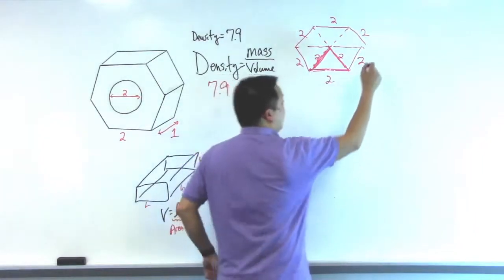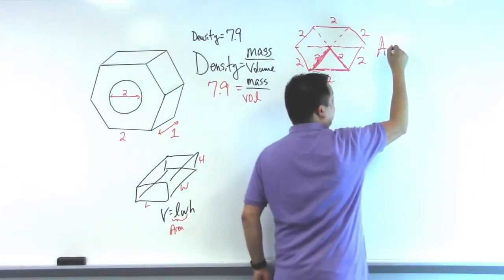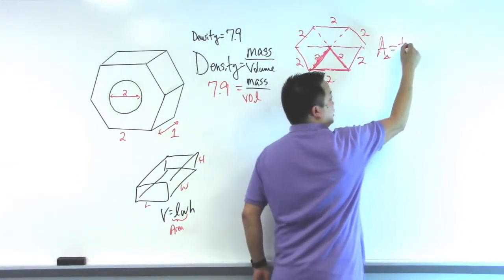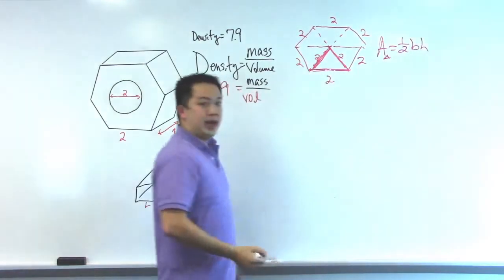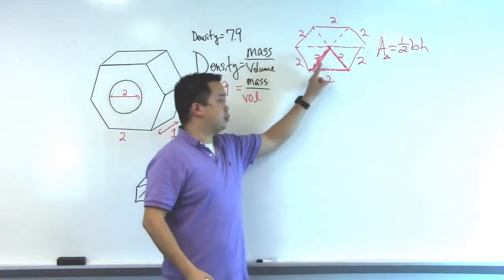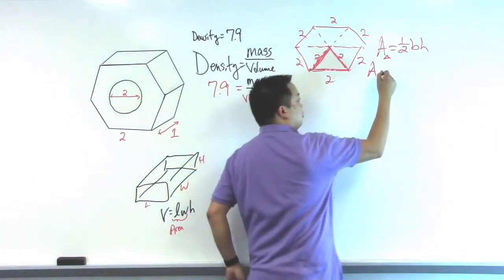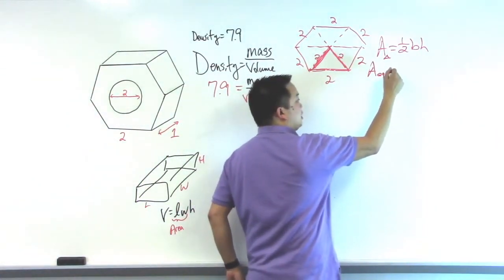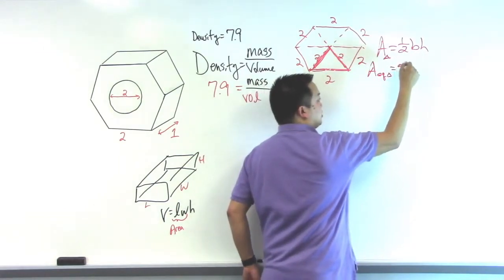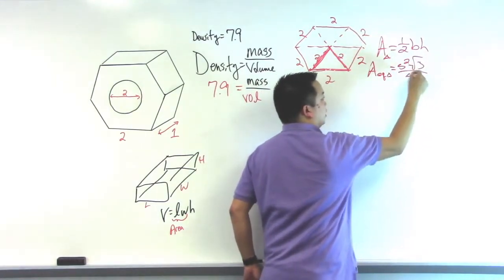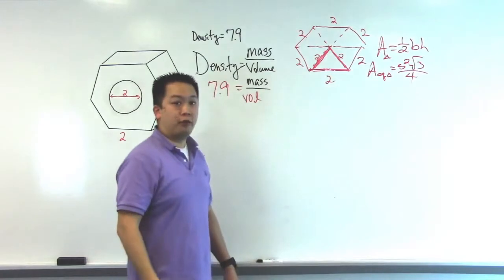So what would be the area of the equilateral triangle? Well, the area of any triangle is going to be 1/2 base times height. And we can certainly do that by breaking down this equilateral triangle further. But the area of an equilateral triangle is actually going to be equal to s squared times radical 3 over 4.